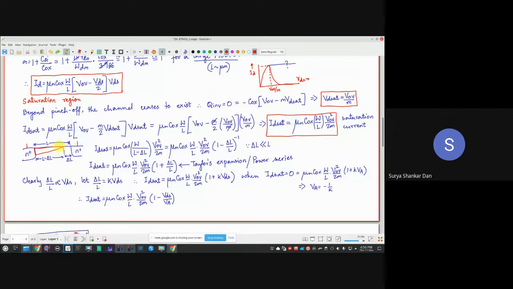Mobile carriers are here, not here. As a consequence, delta L is going to be very small and the voltage is going to remain roughly the same. So if you have applied a VDS here and you have grounded this part, then almost the entire VDS is going to drop across this delta L, unlike the previous case where VDS was dropping across this capital L region. Okay. Now, so what we understand here, in this region, your field is very, very high.